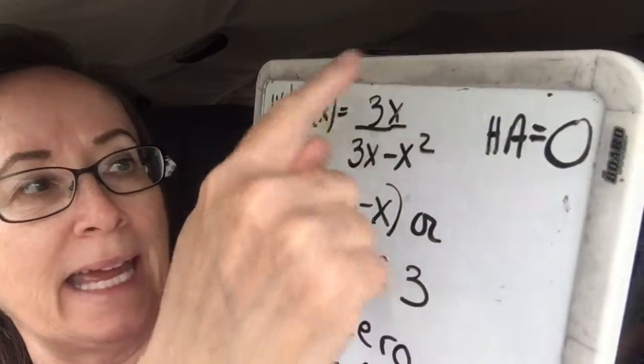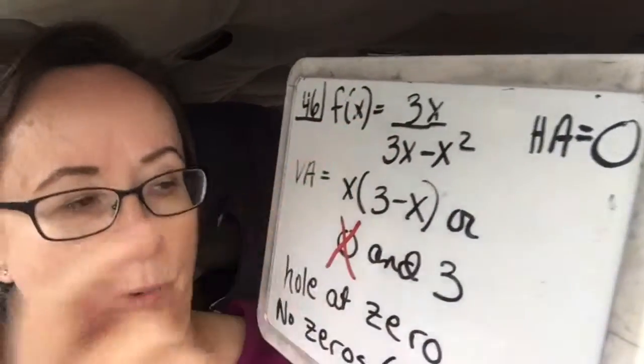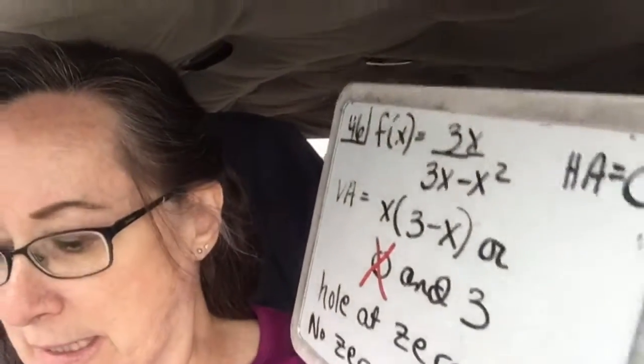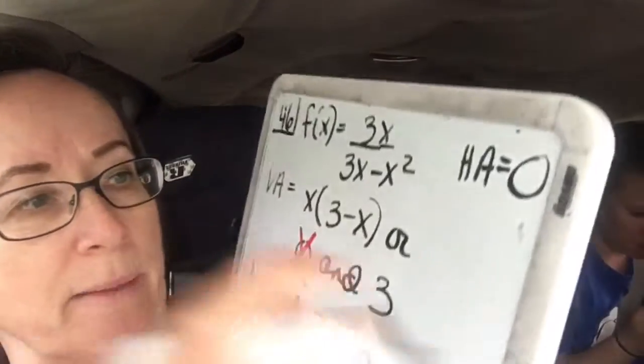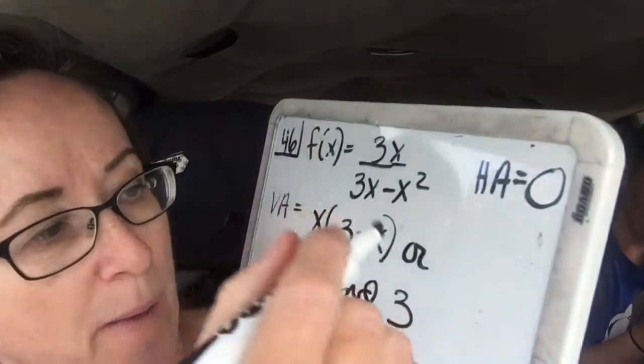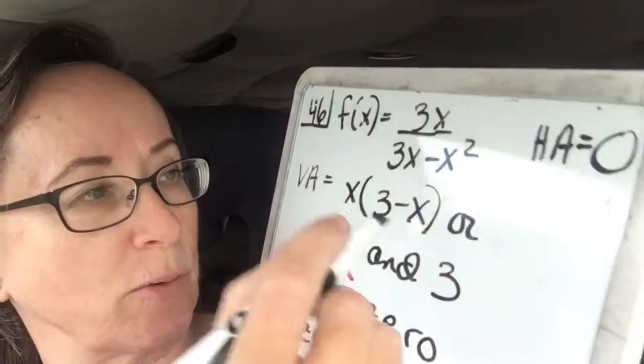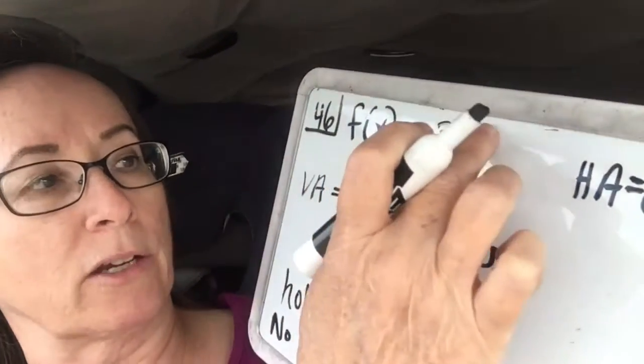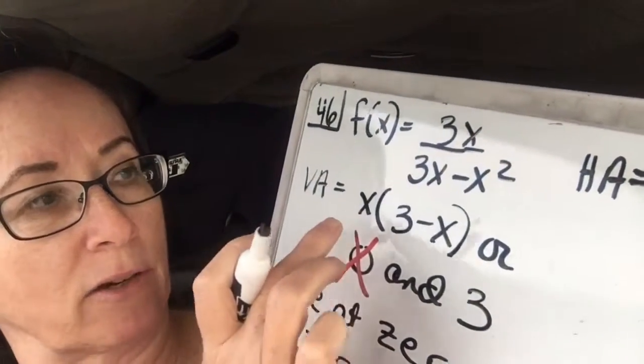So I'm going to go ahead and cancel the x out of both the numerator and the denominator, and that is going to give me a y-intercept, which is good because my graph has one. I was trying to figure that out, but I had not canceled this numerator x and the denominator x.